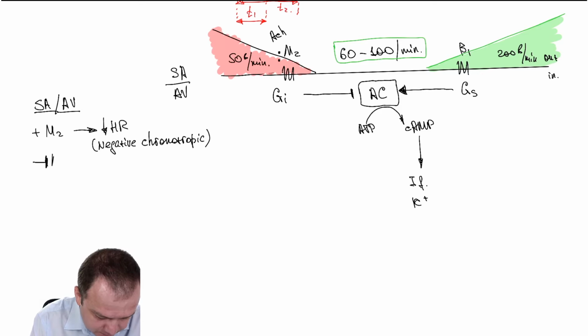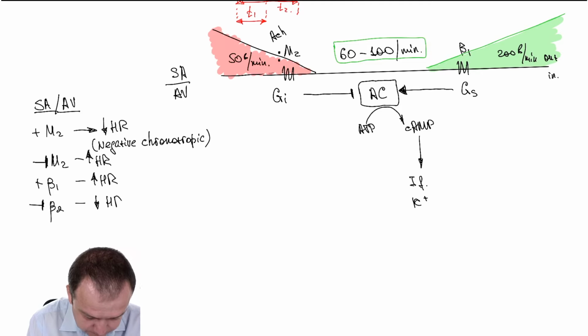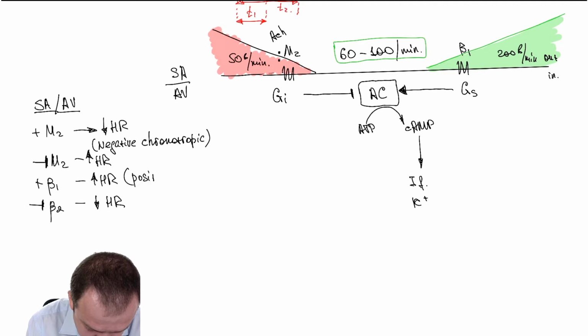Blockade of M2 receptors increases heart rate. Stimulation of beta 1 adrenergic receptors increases heart rate, and blockade of beta 1 adrenergic receptors decreases heart rate. This is called negative chronotropic effect, and a rise in heart rate is called positive chronotropic effect.